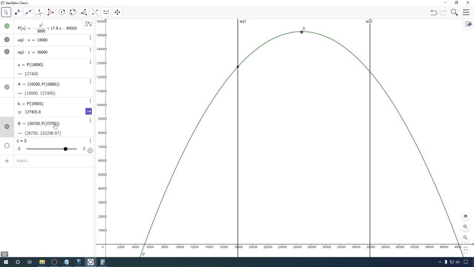And I put the wrong number in there. That should be a 6. There we go. That gives me my maximum point up there. Finding that 26,700 may not be so obvious. But once we actually have the techniques of calculus, this one's actually not that hard to find.